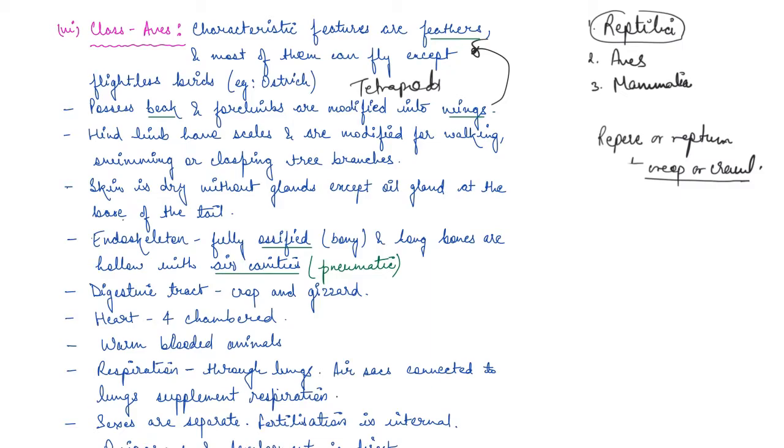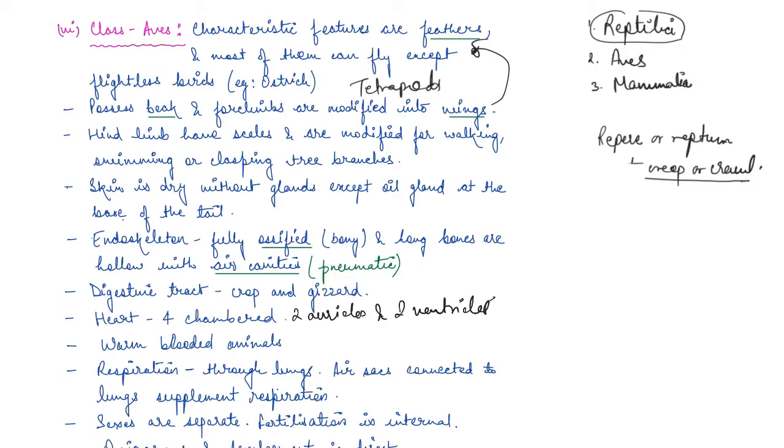Okay, now the digestive tract is divided into crop and gizzard. So this helps in digestion. Heart is complete. So in case of birds, heart is four-chambered, two auricles and two ventricles.